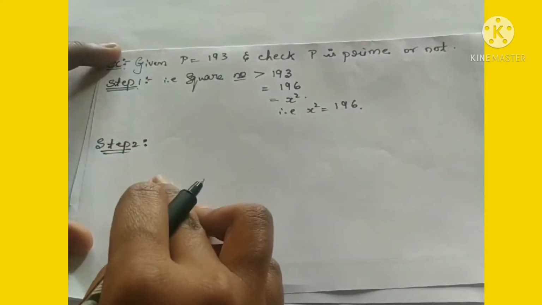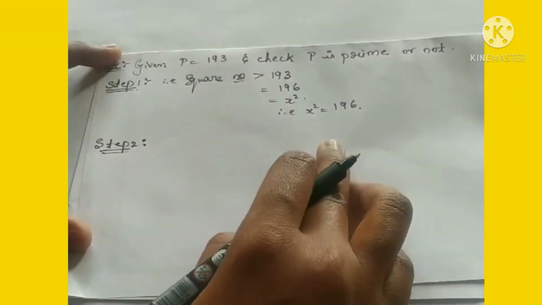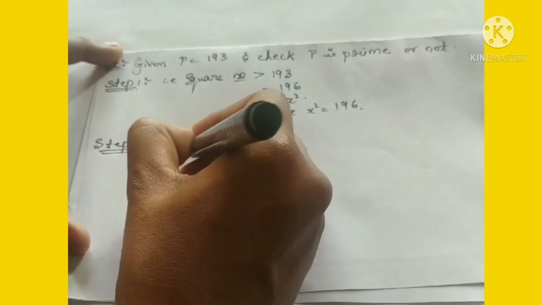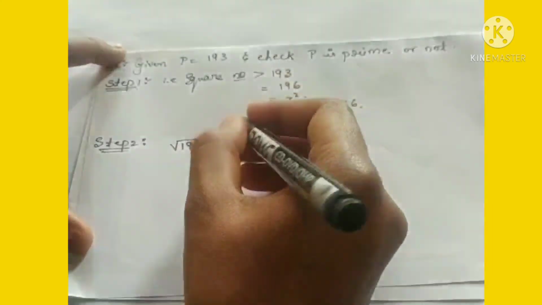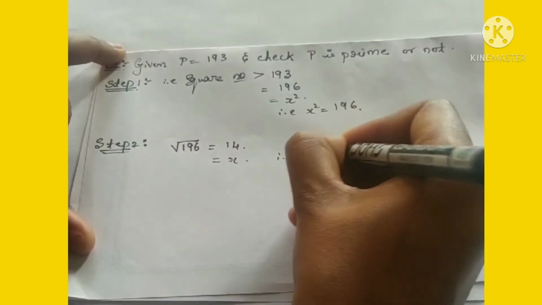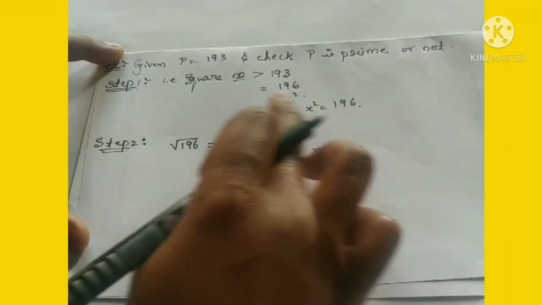This step says that we have to find out the square root of x square. Here x square is 196. That is square root of 196 is 14, and we say it as x. That is x is equal to 14. This is also according to step number 2.